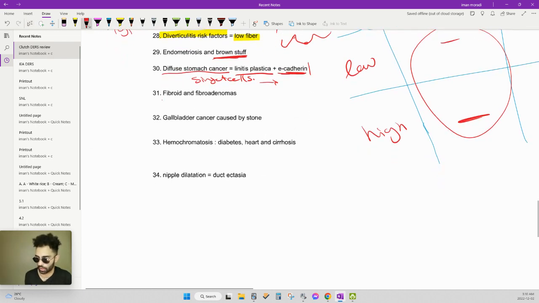We got a fibroid and a fibroadenoma. A fibroid, okay, I want to talk about them at the same time, but they're very different. A fibroma is for the ovary, right?